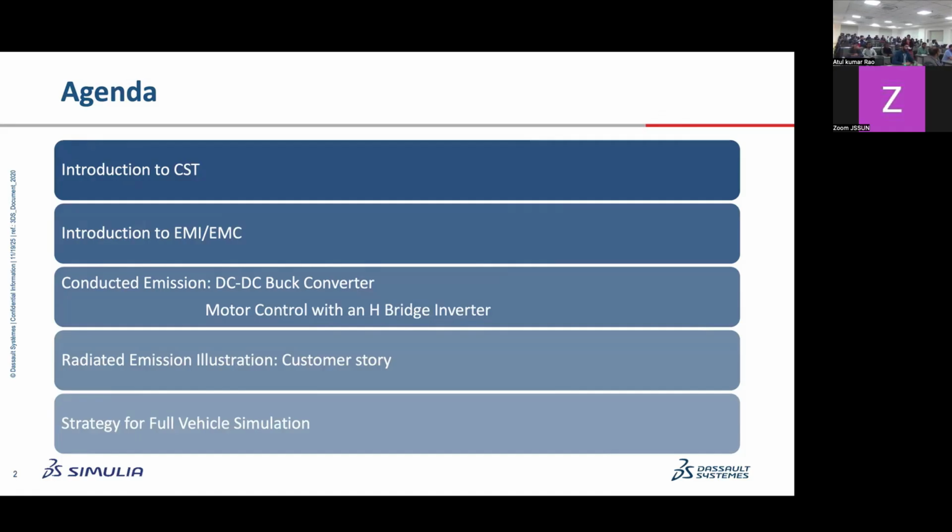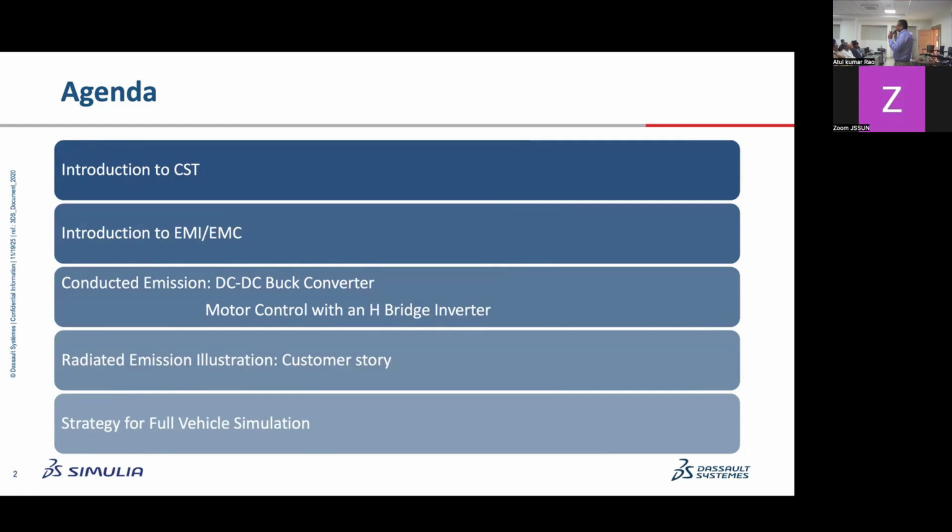So we'll have a little introduction to CST, then a little introduction to EMI, EMC, and we'll see what's possible with CST. Then we'll have a couple of examples where I'll talk about conducted emission. How many of you have heard about CE and RE?